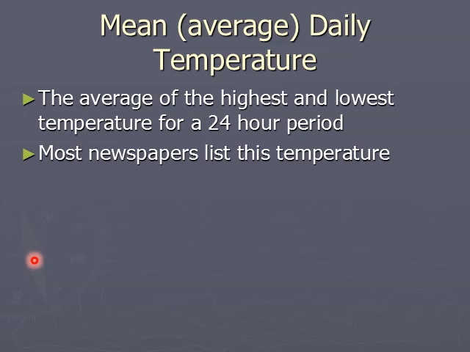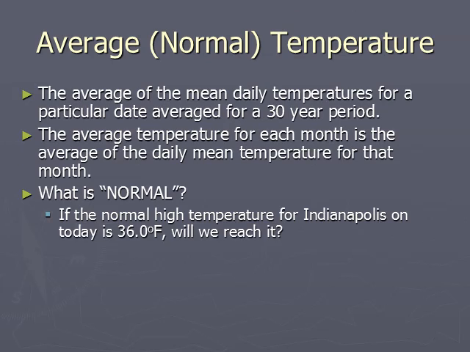Alright, another way to record temperature is the mean daily temperature. That's the average of the highest and lowest temperatures for a 24-hour period. And these are the temperatures that were published mostly in newspapers and radio.